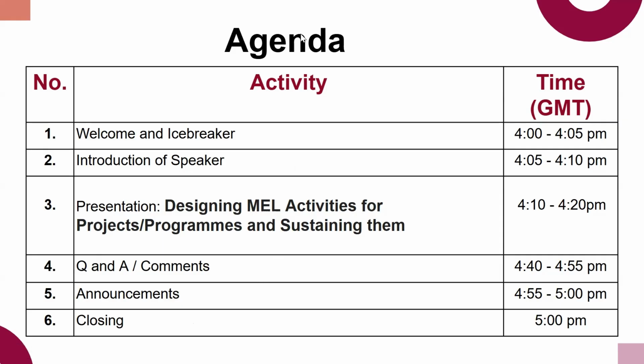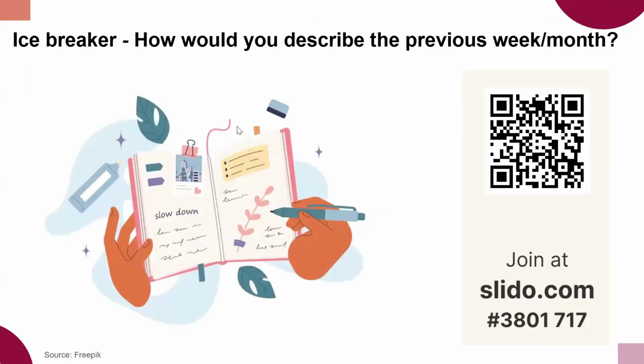Moving on to our icebreaker. I just want to check in with everyone. How would you describe the previous week or month? I would like us to use a platform called slido.com. Probably some of you might be familiar, but if you're not, you can just type the URL in your browser.